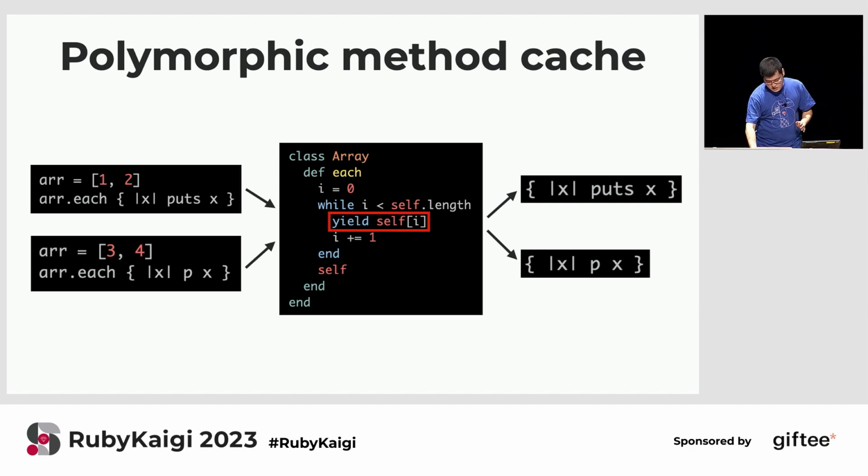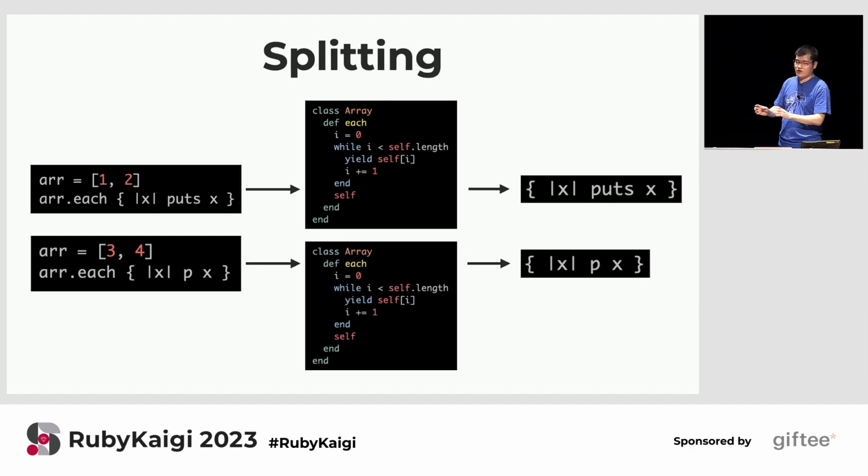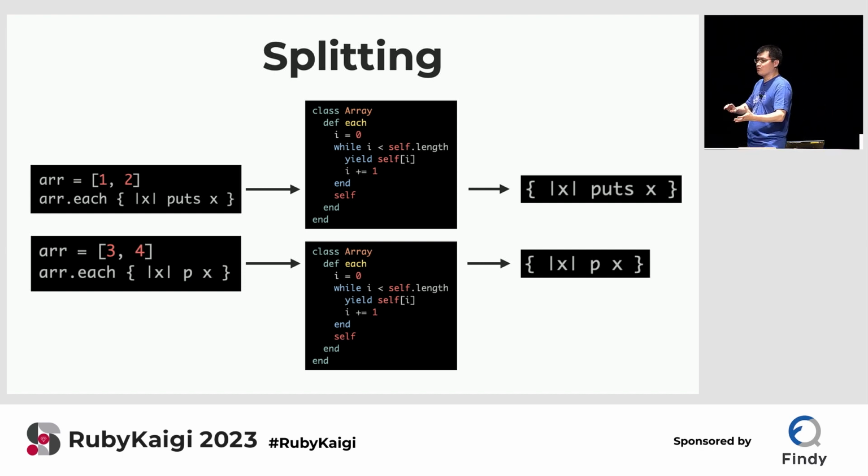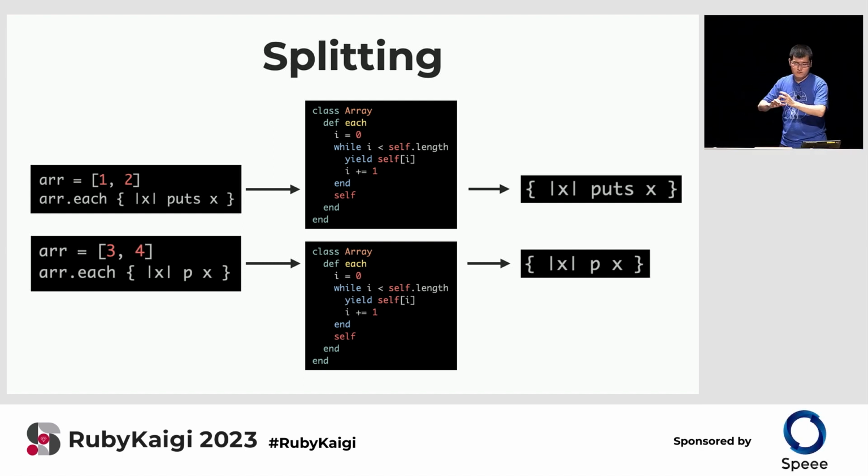At the same time, if you listened to Benoit's talk yesterday, splitting is one other idea to make it further optimized. So if you use the polymorphic inline cache, what could happen is array each needs to support every single block that is executed with the array each in the program. So splitting is basically duplicating the implementation from some point.